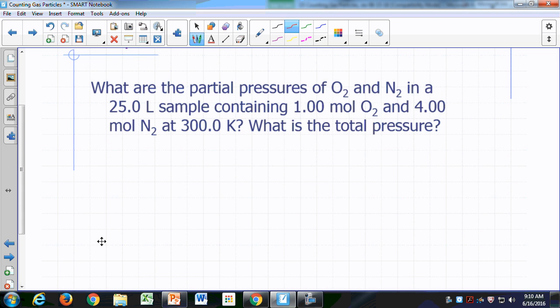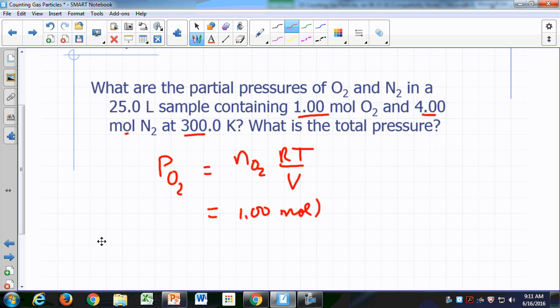All right, so let's apply Dalton's law to this one. What are the partial pressures of oxygen and nitrogen in a 25-liter sample containing 1 mole of oxygen and 4 moles of N2 at 300 K? What's the total pressure? Well, let's solve for partial pressure of oxygen. It's moles of oxygen times RT over V. So moles of oxygen in this case is 1.00 mole times R, which is 0.08206 liters times atmosphere per mole per Kelvin.